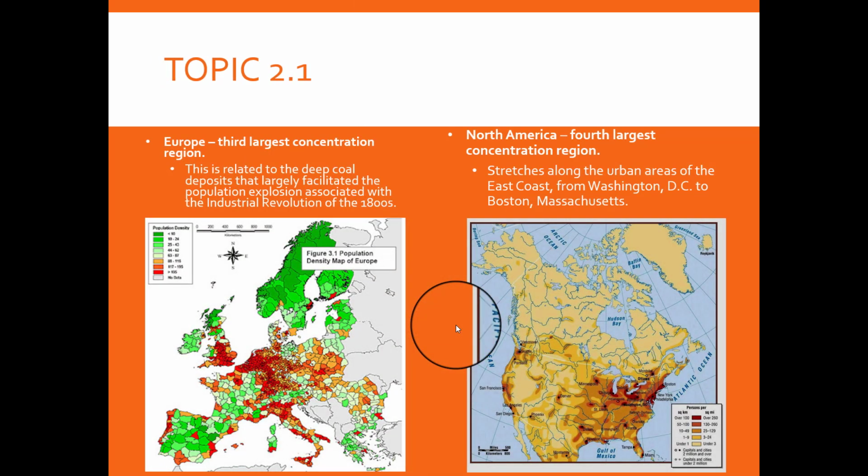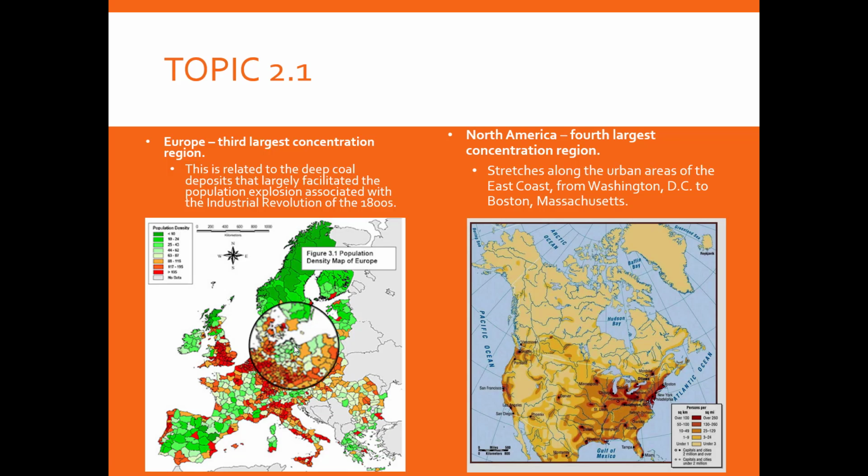All right, so Europe is the third largest concentration, and this is related to the deep coal deposits that were used during that time, and that helped to develop Europe during the Industrial Revolution in the 1800s.